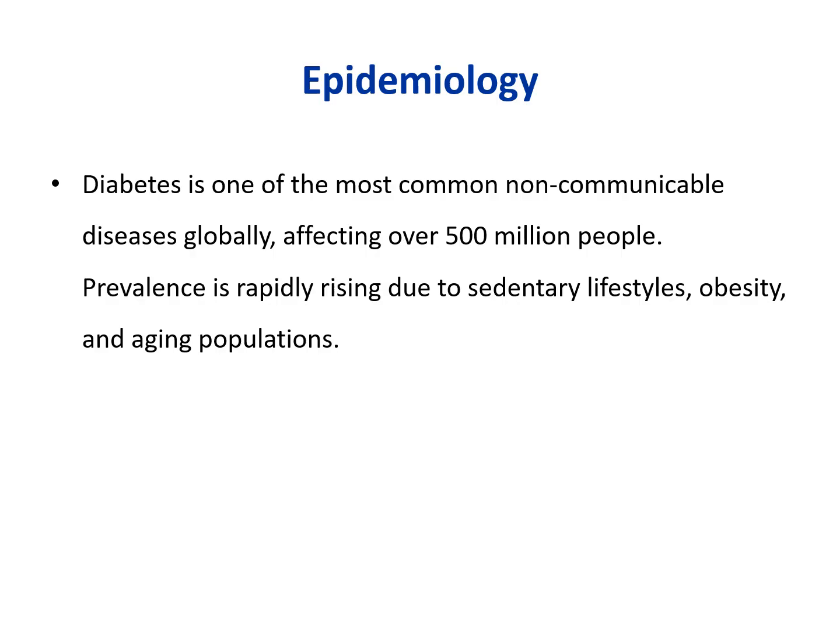Its prevalence is rapidly rising due to sedentary lifestyle, obesity, and aging populations. Here we also study how many people are currently affected with diabetes mellitus, and we also understand the prevalence, because it is rapidly rising.